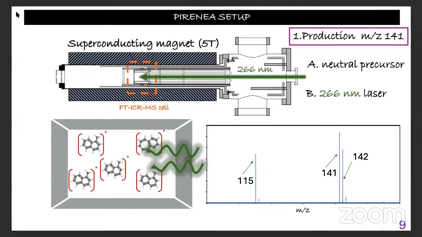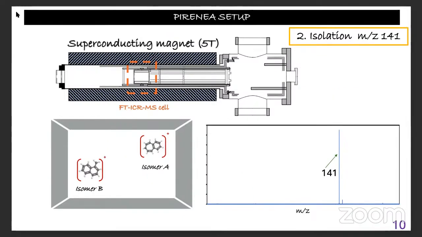Then we can irradiate them with a 266 nanometer laser, producing different cations, including the -H cation. After that, we can isolate the -H cation.